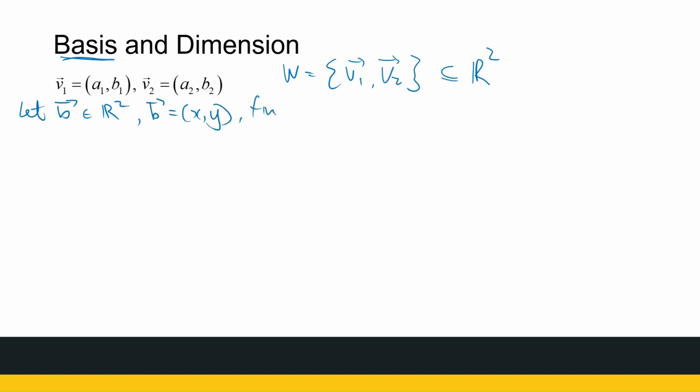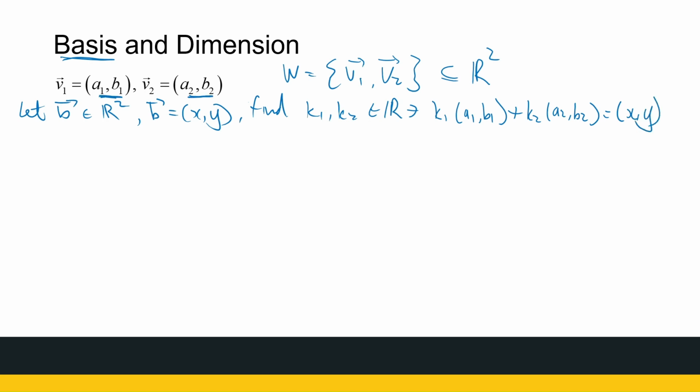Then, as I'm checking for span now, I need to find a K1 and K2 in the real numbers such that K1 times (A1, B1) plus K2 times (A2, B2) gives me this (X, Y). This is a very generic example. I'm not picking values for A1, A2, B1, and B2, but I'm showing you the process we're going to follow. So we're still checking for span, and I want to find those K1 and K2.